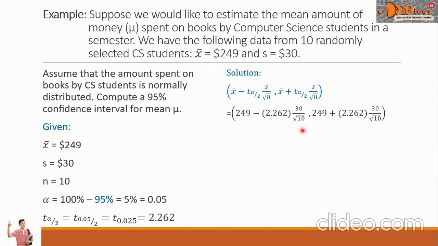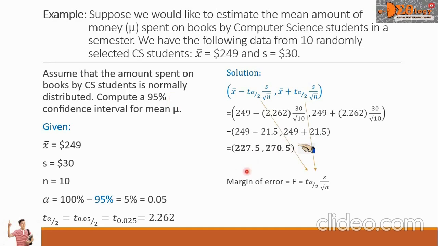Simplifying this value here, we will get 21.5 respectively. So for the lower limit, we will get the difference, while in the upper limit, we will get the sum. So the confidence interval is 227.5 up to 270.5. This is the confidence interval for 95%.